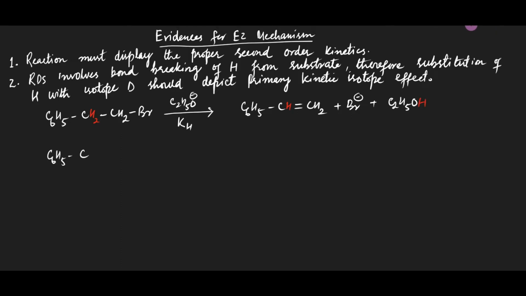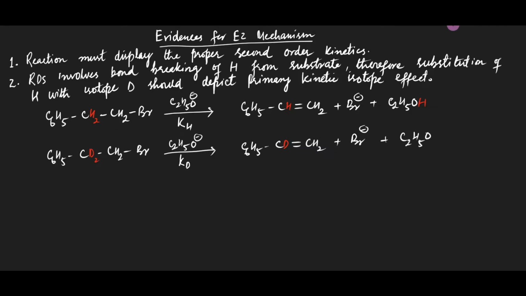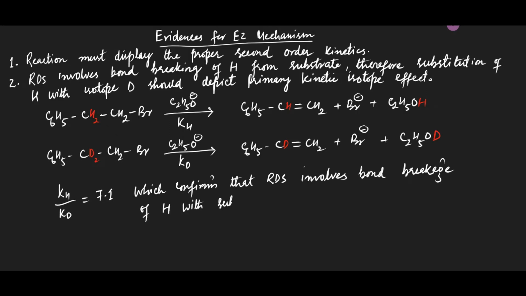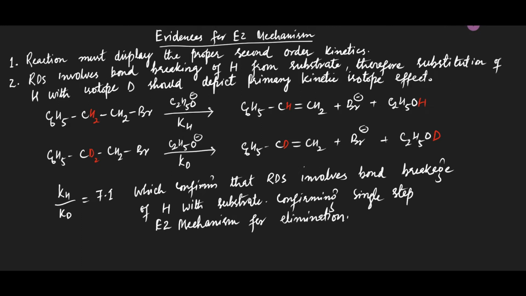If a similar molecule, wherein beta hydrogens are replaced with isotope deuterium, is treated with ethoxide base, to form a similar type of alkene, by abstraction of beta deuterium, say the rate constant here is kD. The ratio of kH and kD was found to be 7.1, indicative of a primary isotope effect. This confirms that the RDS involves bond breaking of H with substrate, confirming a single-step E2 mechanism for this elimination.